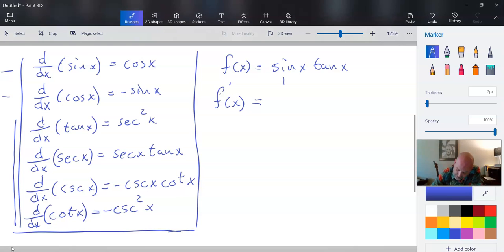I got this would be 1 and this would be 2. So 1d2. I'm going to run out of room. I'll just do it here. Plus 2d1.